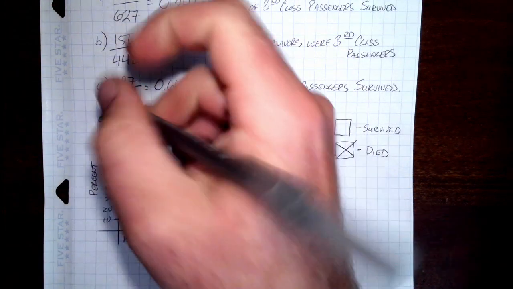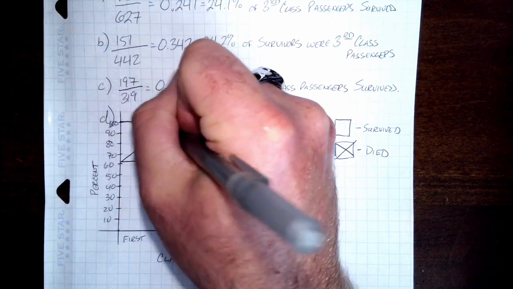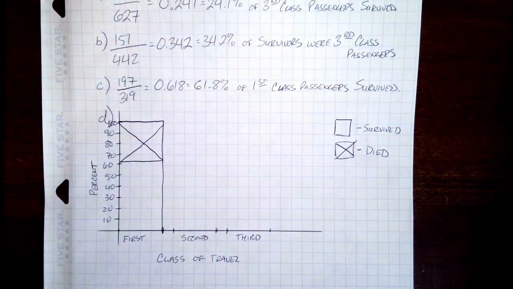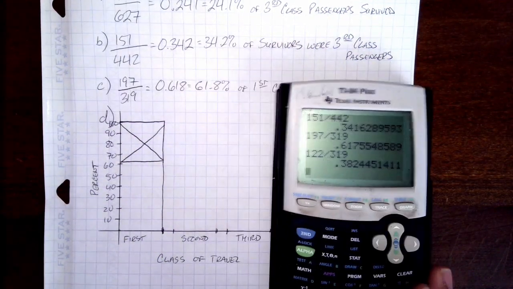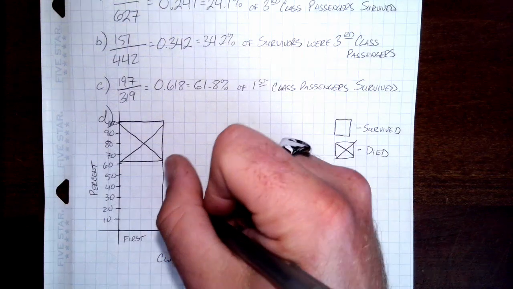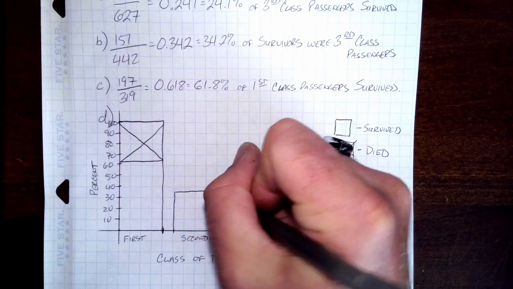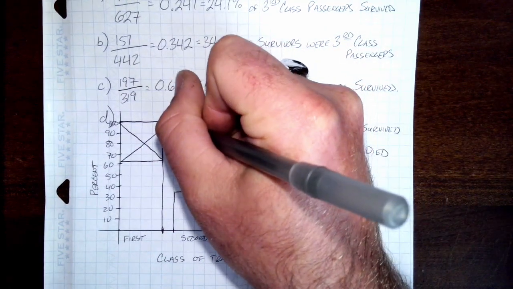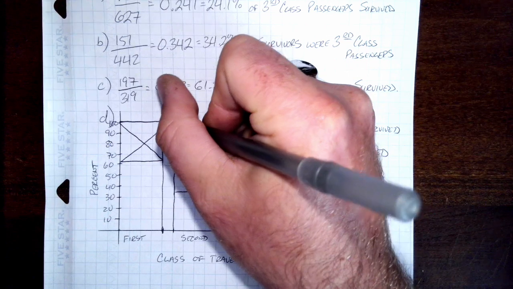And that 38.2 fills the rest of this out to 100%. In second class, 94 out of 261 survived, which gives us 36% survival rate. So about there. And the rest, in this particular case, perished.